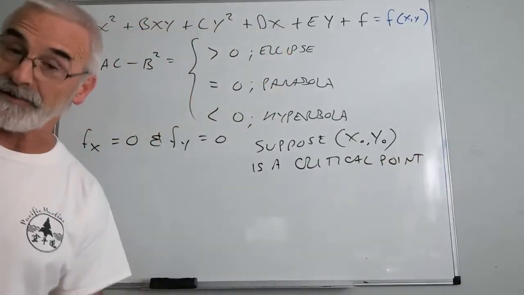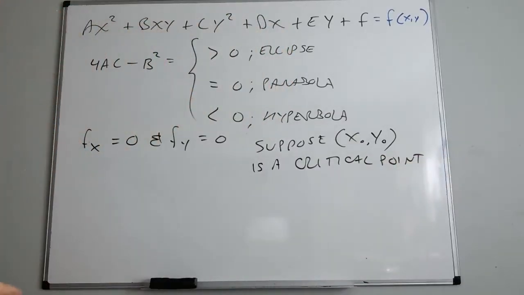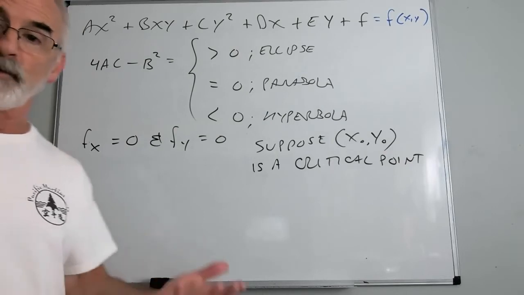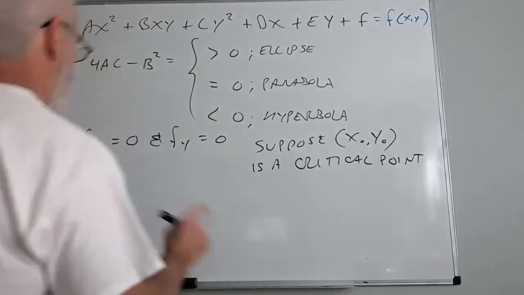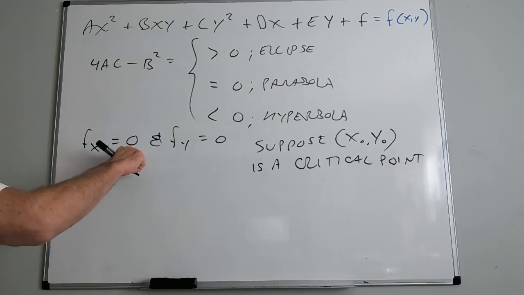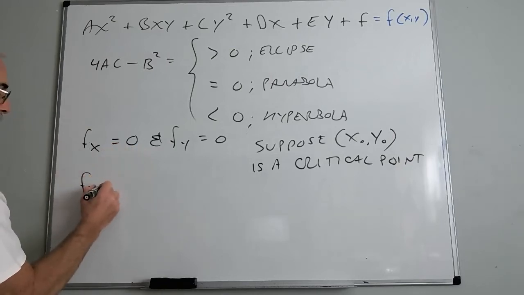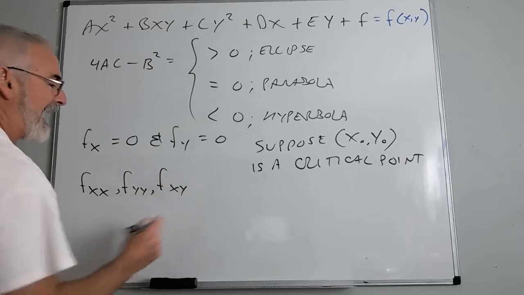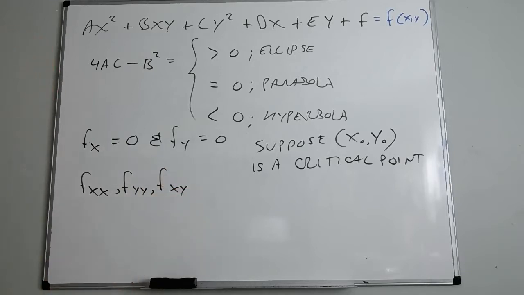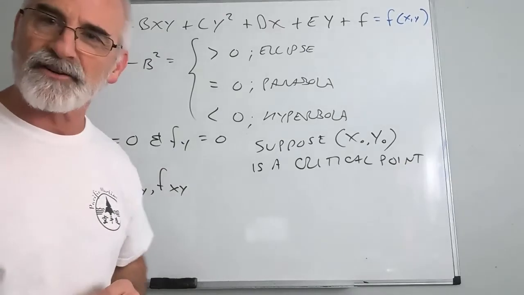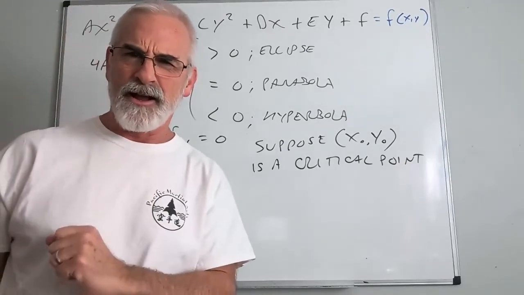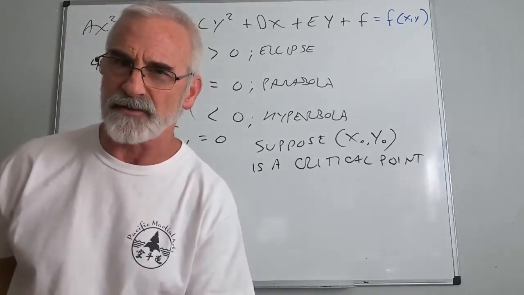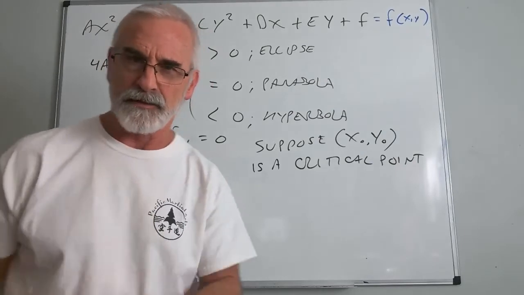It is a point on the xy plane, but the xy plane is where my domain comes from. Now, the next thing we're going to do is take the second derivatives, all of them, and then we're going to do some weird, funky form of a second derivative test, but we're not exactly sure how we're going to do the second derivative test yet.